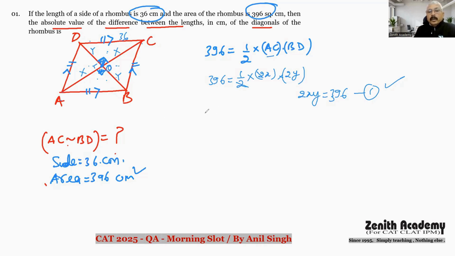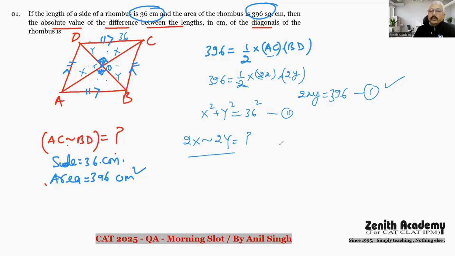So this is x square plus y square is equal to 36 square. And now the difference of AC and BD, actually AC is 2x and BD is 2y. It is the requirement of the question.